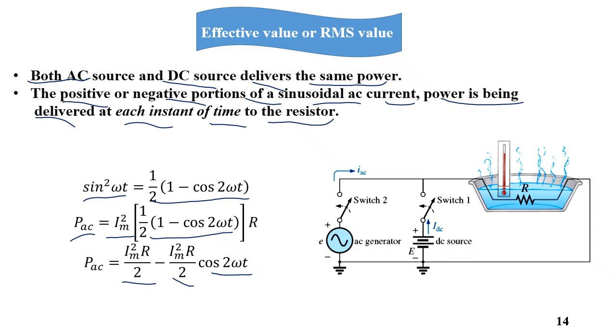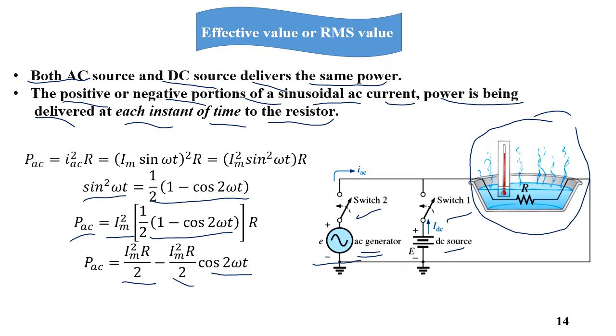We have a resistance in a basin with a thermometer, and we have two sources, an AC generator or AC source with a switch S2, and a DC source with a switch S1. We need to find the equivalent DC source value to the AC source, giving the same heating effect in the resistance, or the same power loss in the resistance.